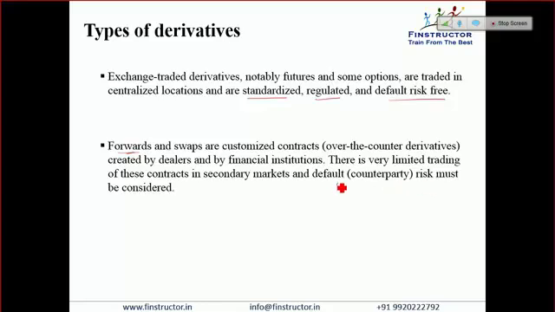So if one of the counterparties does not honor its obligation, then the other counterparty will have a loss. That is called default risk and loss because of default. So you must ensure that you're dealing with good high credit quality counterparties and you know who you are entering into a contract with in the case of forwards, because there is no exchange to protect your interests. We'll understand these concepts in more detail in the coming slides.